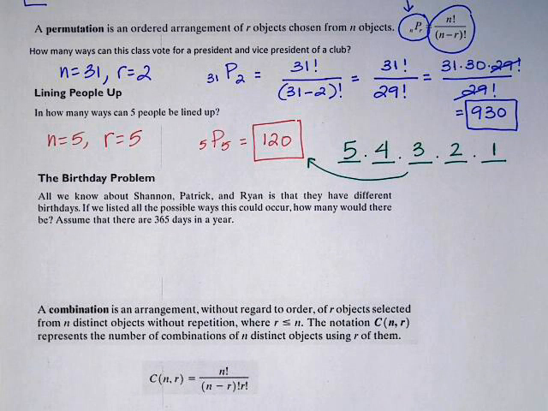Okay, the birthday problem. It says Shannon, Patrick, and Ryan have all different birthdays. What are all the possible ways this could happen, assuming there's 365 days in a year? Okay, so again, a permutation because the order does matter, because different order of birthdays for different people would be different possible ways.